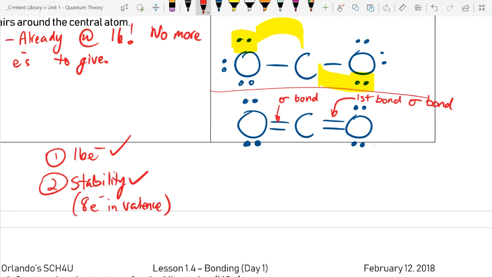The first bond between any two atoms we call a sigma bond. But the second bond between any two atoms is called a pi bond.